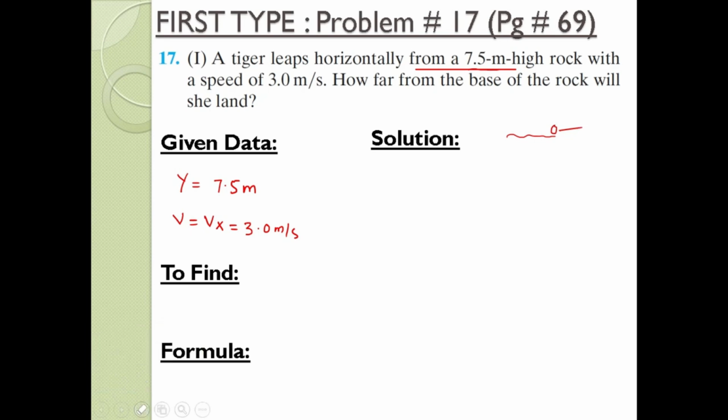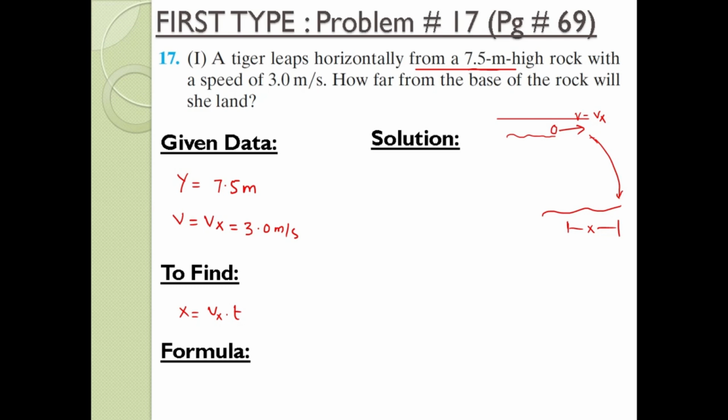The horizontal velocity is, as I told you, the total velocity, that is Vx, and then it will jump toward the ground, so it is going as a projectile. This distance they ask us to find. So for finding x, I will use the first equation, x is equal to Vx times t. But understanding one thing, that I don't have t, so I need to find it.